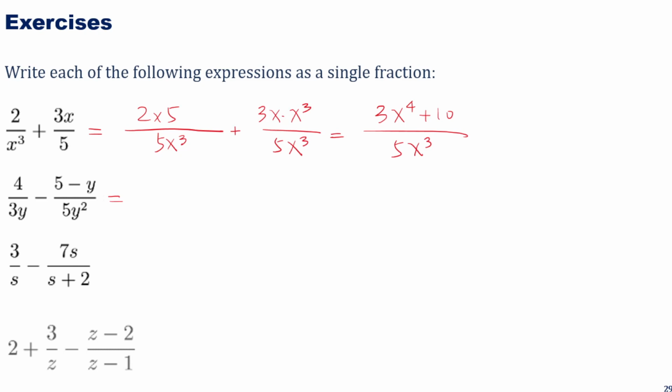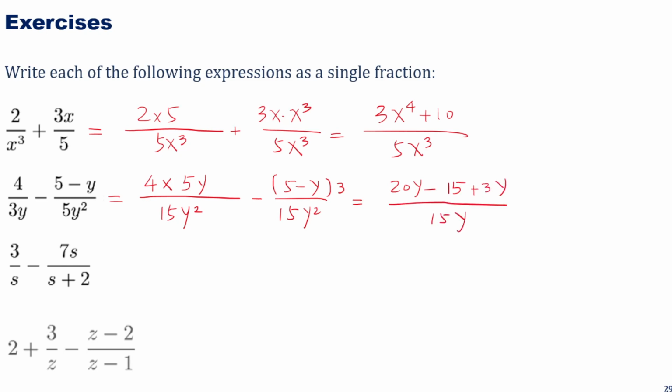Next one, the least common multiple of the two denominators is 15y squared. Okay, this leaves us 23y minus 15 over 15y squared, right?